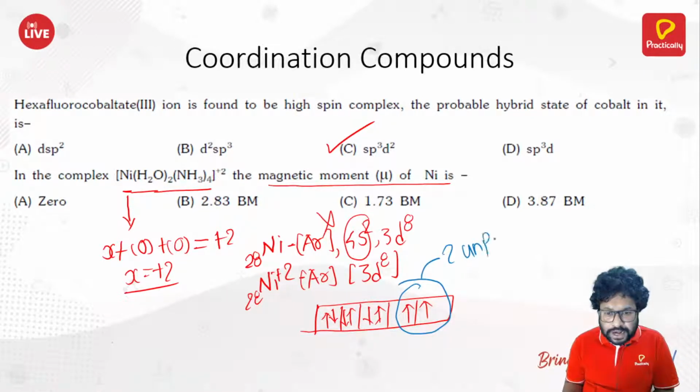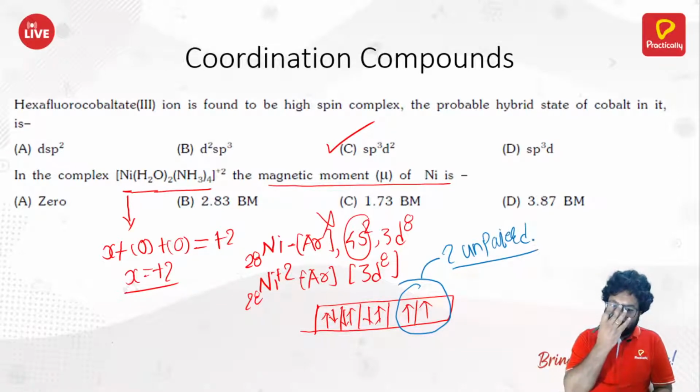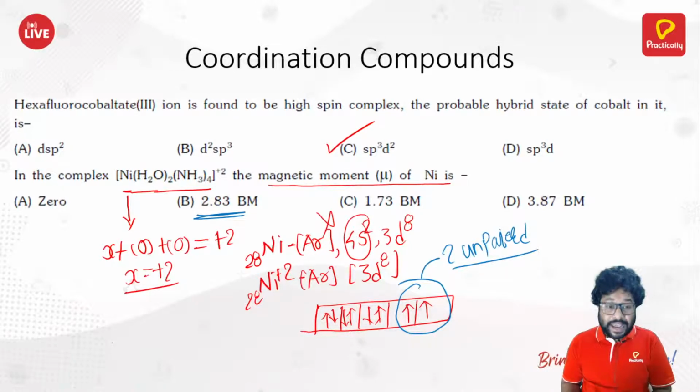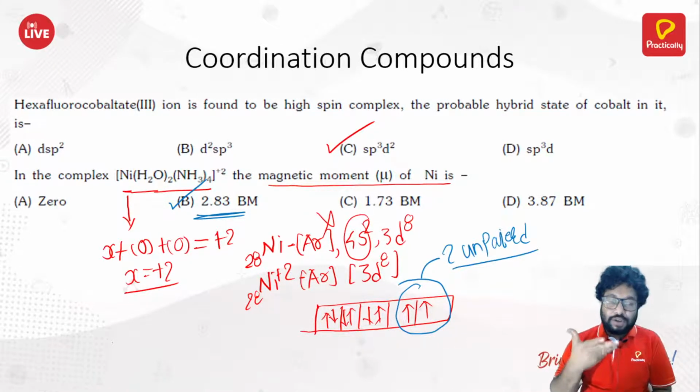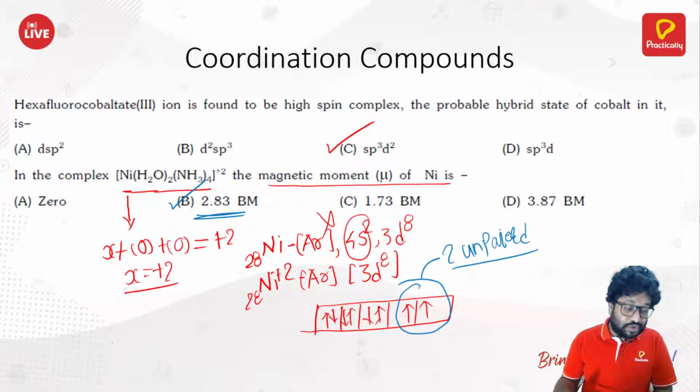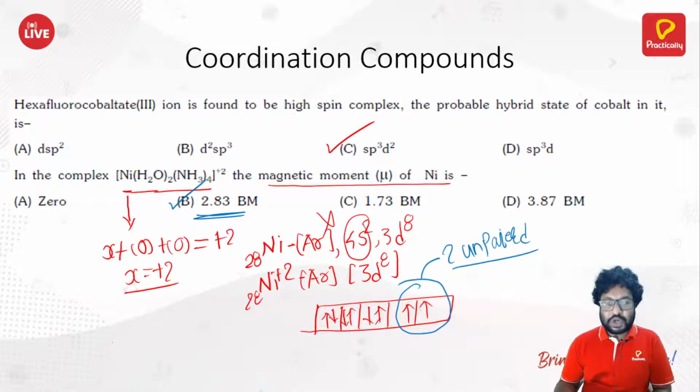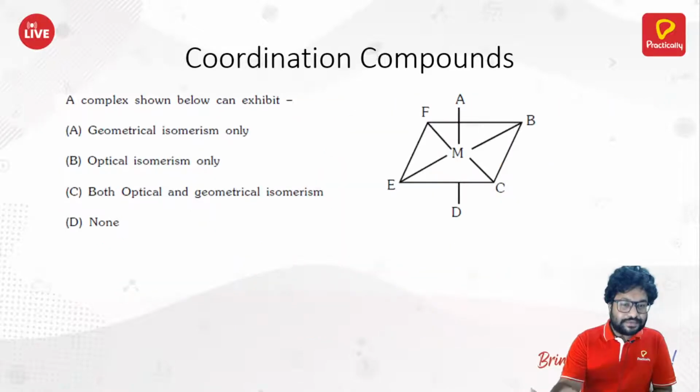So for 2 unpaired electrons, we know that the magnetic moment should be 2 point something. And the 2 point something option is only one. It's B, right? And therefore your answer here should be B. Okay. Now we have solved a couple of questions of this category. So it should be quite easy for you to calculate it now. Okay. Chalo, moving ahead with this question.